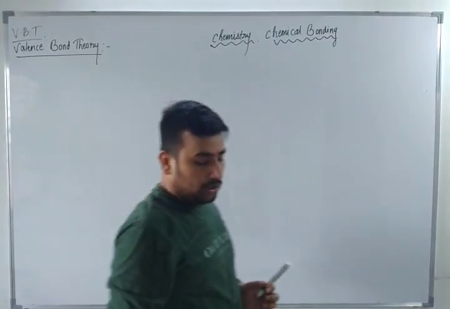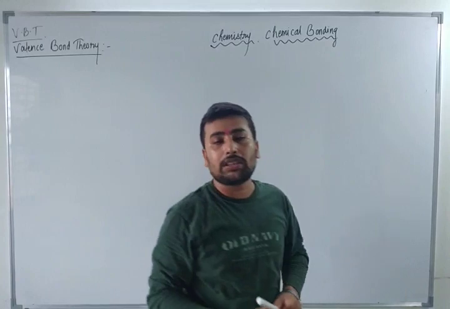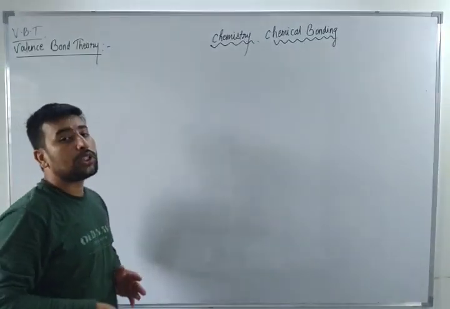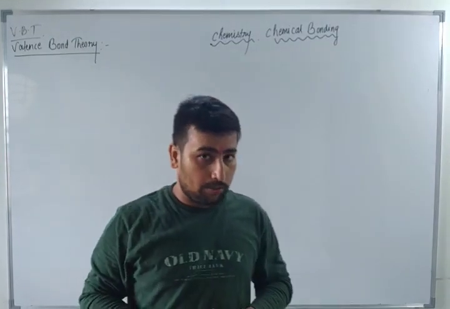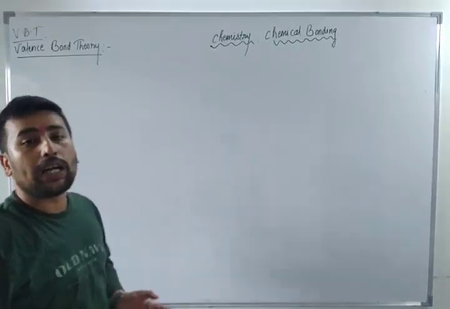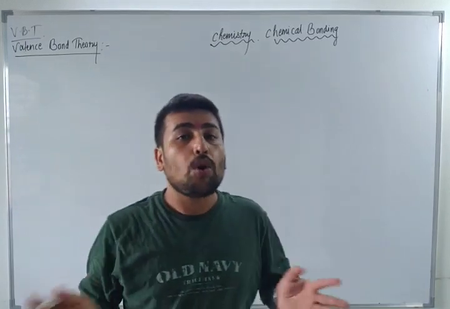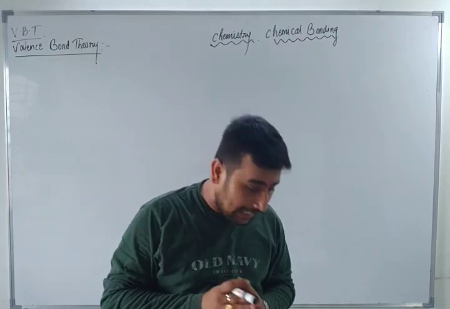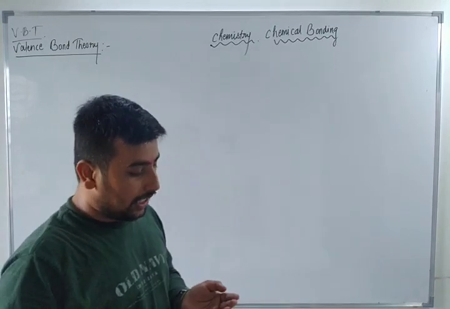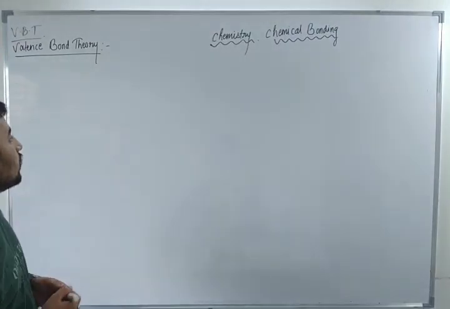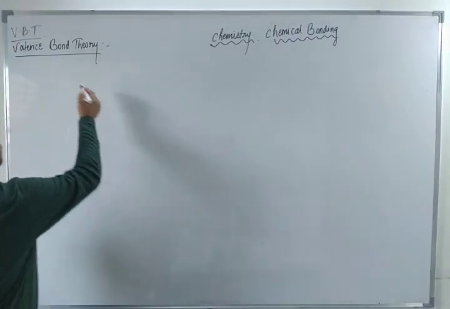So the valence bond theory deals with the atomic orbitals. It especially leads to covalent bonding, in which especially the s orbital and p orbital are involved. Now, as you have heard how atomic orbitals overlap with each other, positive overlapping, negative overlapping and zero overlapping, after that there are two types of bonding and the nature of covalent bond.